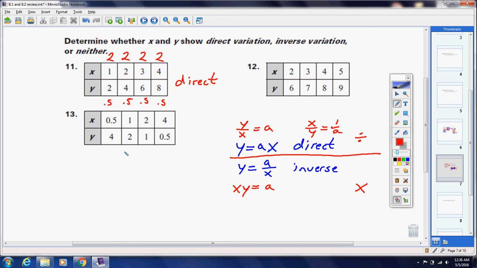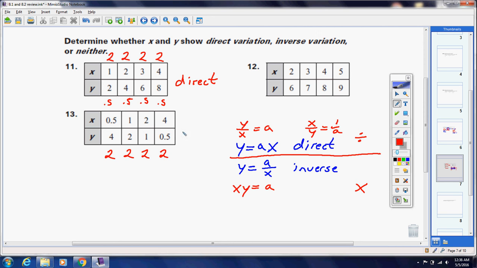Let's take a look at the next one. Let's try multiplying first. 0.5 times 4, or 1/2 times 4, would be 2. 1 times 2, of course, is 2. 2 times 1 is 2. 4 times 1/2 is 2. I see that I'm multiplying and I'm ending up with the same constant.